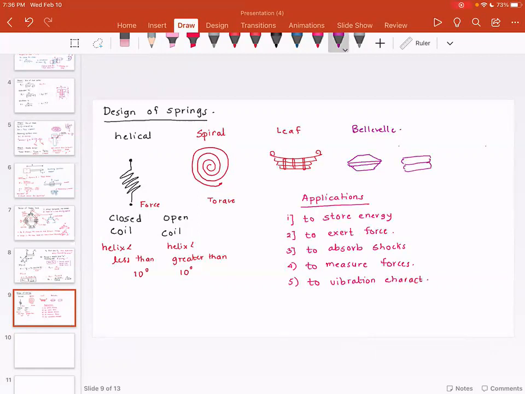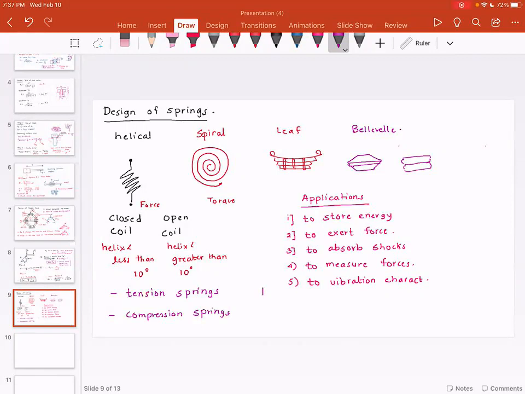Now the springs can be used in tension or springs can be used in compression. So there are tension springs and there are compression springs. As the word suggests, tension springs are used to apply tension and compression springs are used to apply compression.